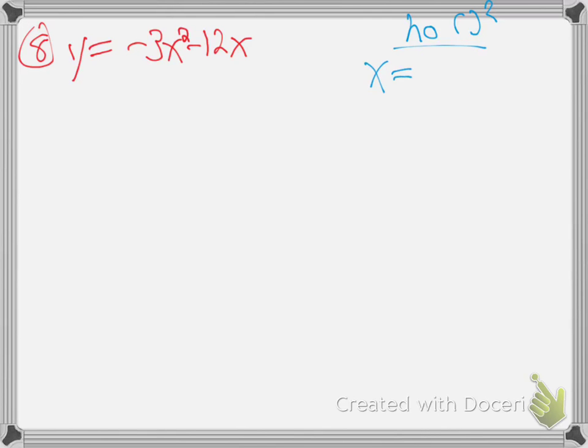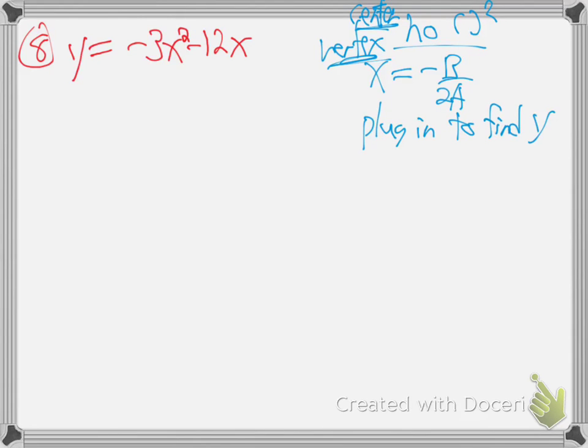So the way we find the vertex, the center, is x is negative b over 2a, and then plug in to find y.